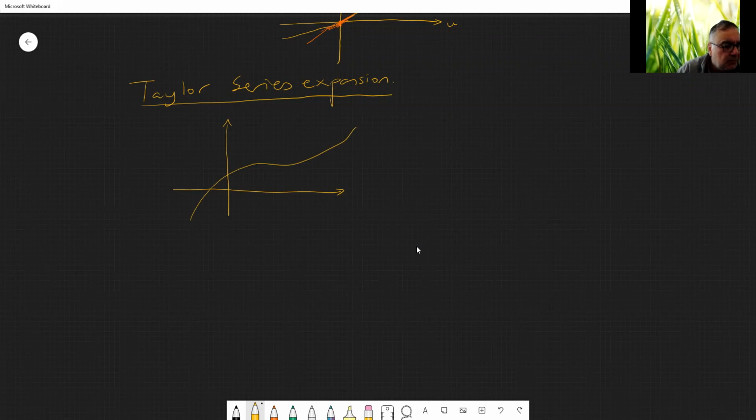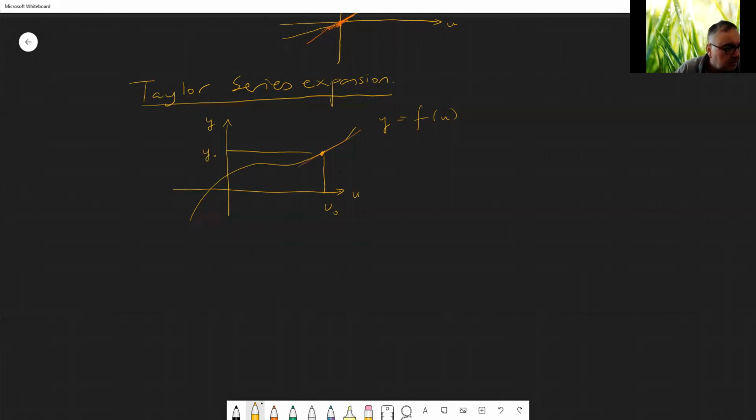Let's say that you have an equilibrium point here. This is U, this is Y, this is Y equals F of U. You have an equilibrium point here, U0. The equilibrium doesn't have to be at the origin, obviously. This is Y0. You want to pass a straight line from here and find the slope of that, and that will give you the equation.